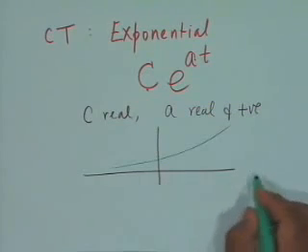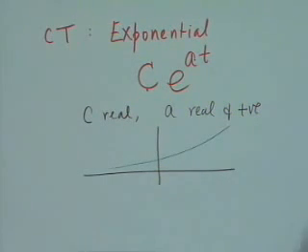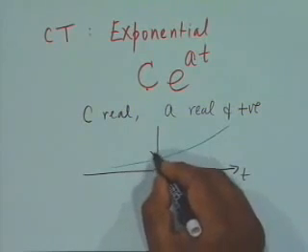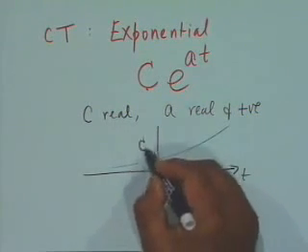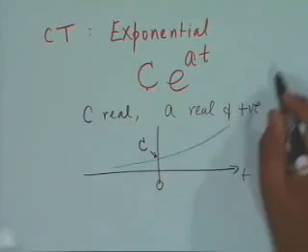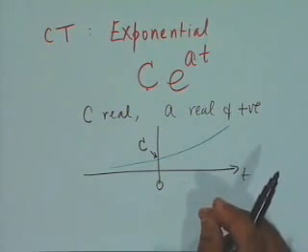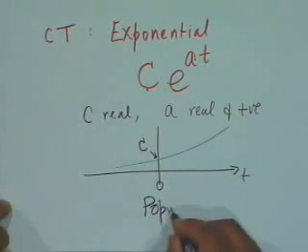And if this is t and t equal to 0, then obviously this value is equal to cap C, and as time proceeds it goes on increasing. A natural phenomenon could be the growth of population in the world, in particular in India. Well, it is known that population grows exponentially. So an example could be population growth.